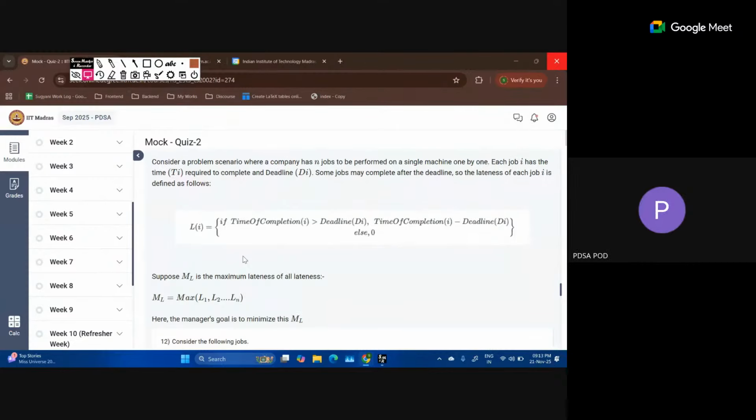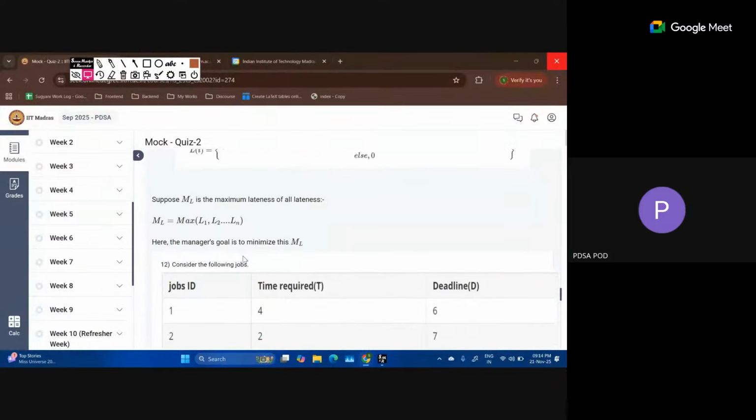So there is a single machine, and one by one you have to perform n jobs. Each job i has the time Ti required to complete, and deadline is Di. Some jobs may complete after the deadline, so the lateness of each job is defined as: if the time of completion is greater than the deadline, then time of completion minus deadline is the lateness, otherwise it is 0.